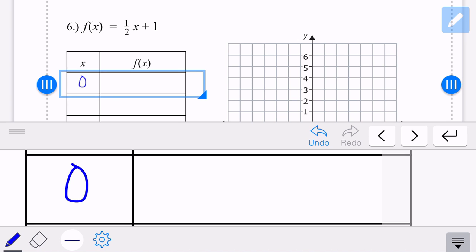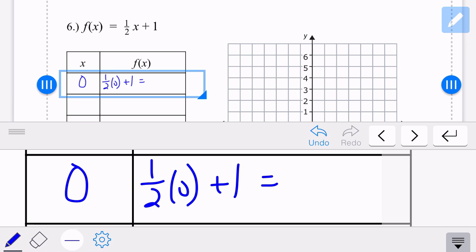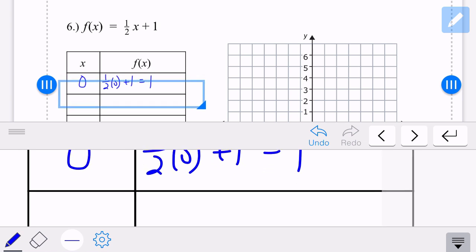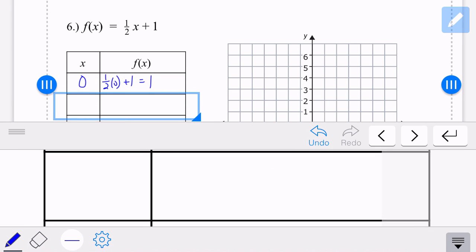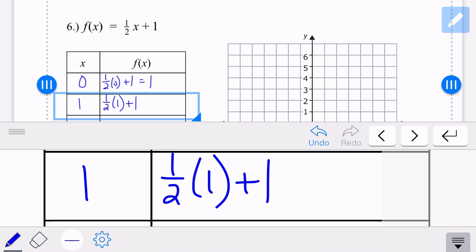So if I plug in 0 and I do 1/2 of 0 plus 1, well, 1/2 times 0 is 0, plus 1 would just be 1. If I plug in 1, I would have 1/2 times 1, and then plus 1.